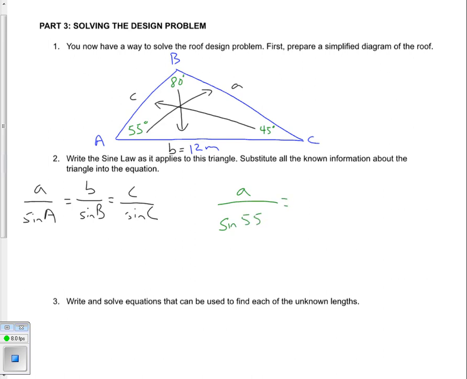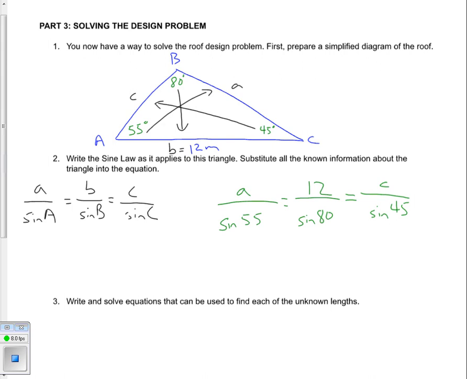And I know that that's equal to the side length of B, so the side length of B is 12 meters, and the angle is sine 80 degrees. And finally, I don't know the length of side C, but I know the angle of C, so I can write in sine 45 degrees.